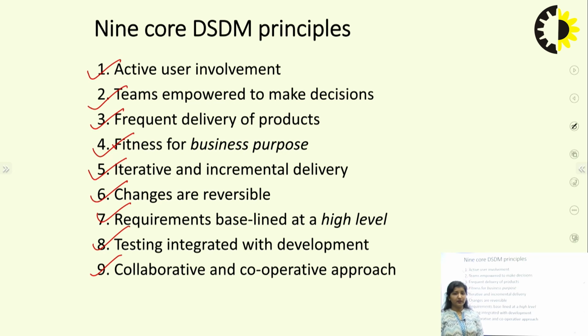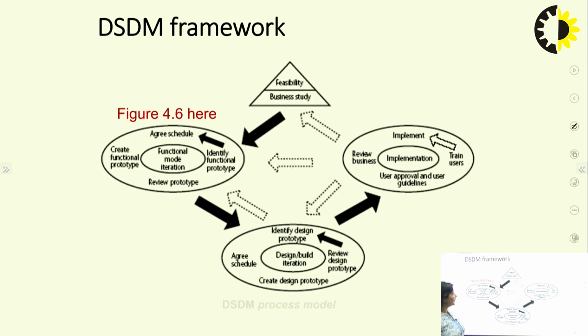Because of these 9 core principles, DSDM is a popular methodology used nowadays for software project management. This is the framework of DSDM. We have the feasibility and business study. From that, if we agree to the schedule, we create the functional prototype, the functional model iteration, and then we identify the functional prototype.